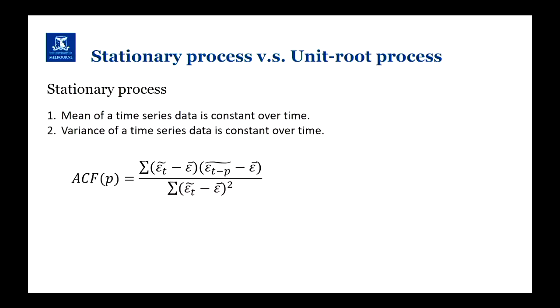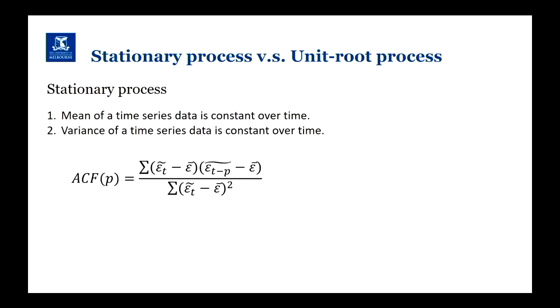Once we know from the previous calculation that the house price index is a process with autocorrelation, and the process is a 12 AR process with one MA process, then we should think about another thing, which is whether this time series, the house price, is a stationary process.